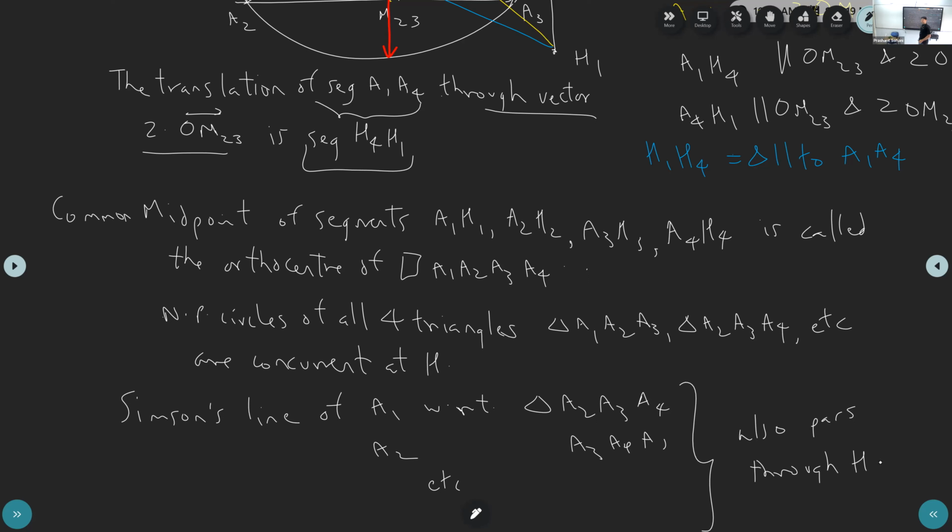So there are a total of 8 objects passing through H, 4 circles and 4 Simpson lines.